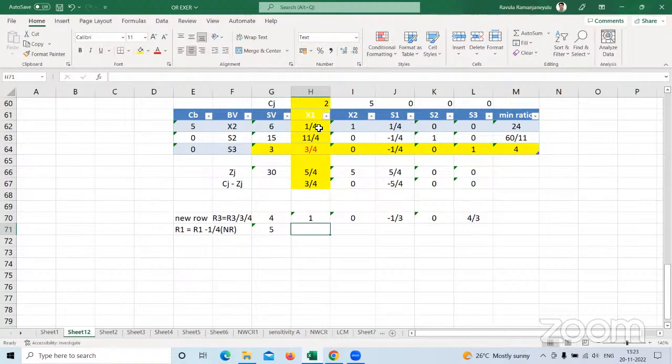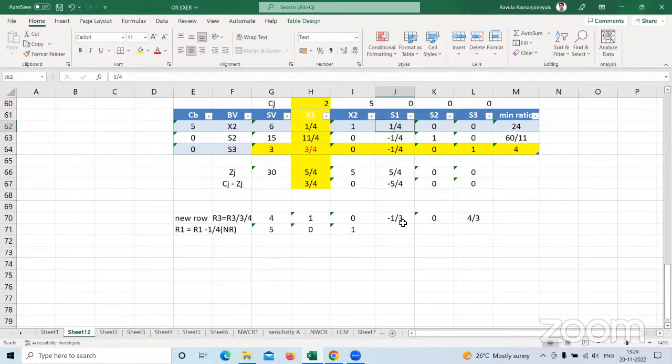So old value here is 1 by 4 minus 1 by 4 into 1. So 1 by 4 minus 1 by 4 is 0. Old value is 1 minus 1 by 4 into 0. So 1 by 4 into 0 is 0. So 1 minus 0 is 1. Right? The next is old value is 1 by 4 minus 1 by 4 into the new value, minus 1 by 3.